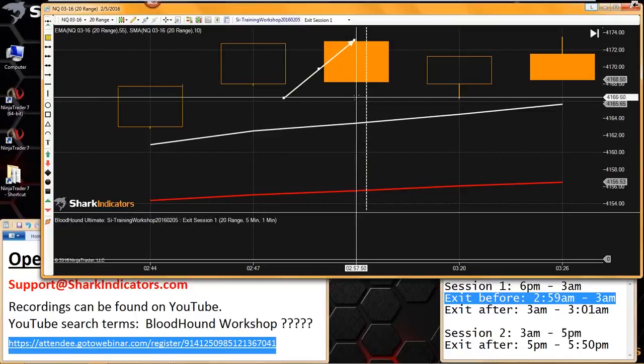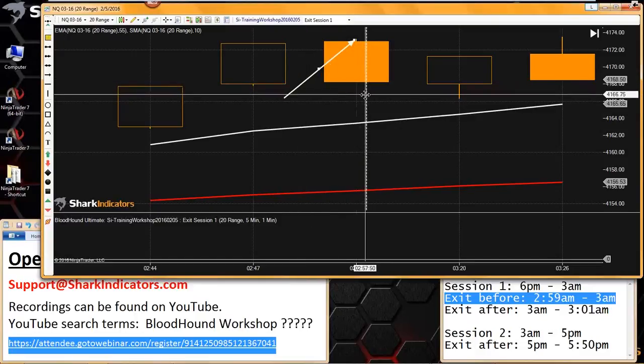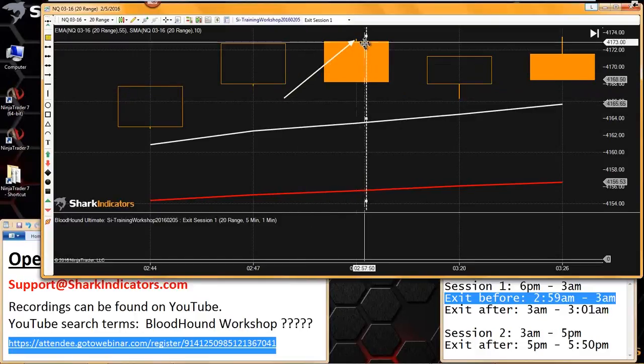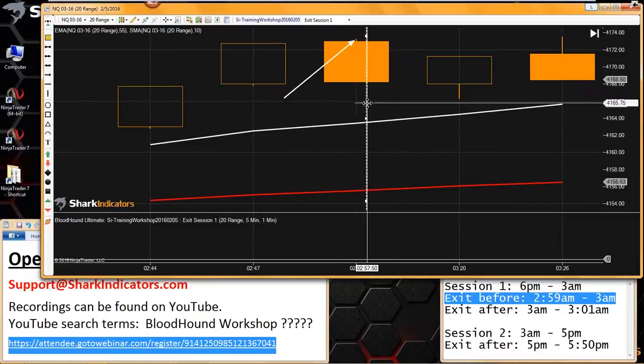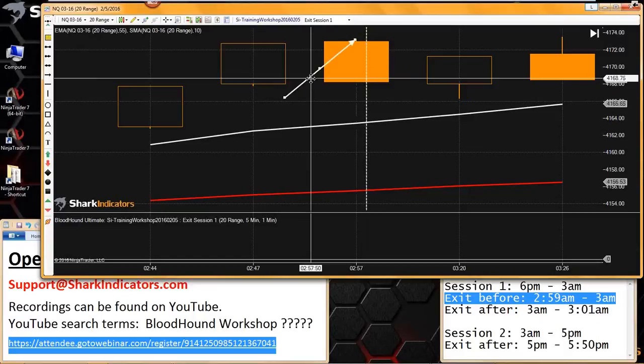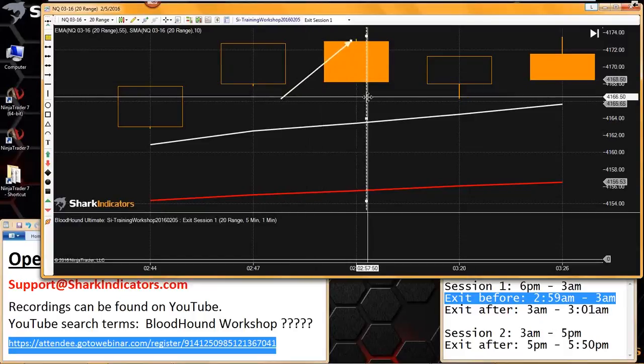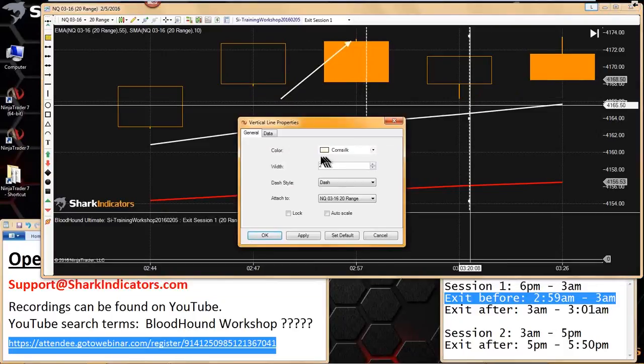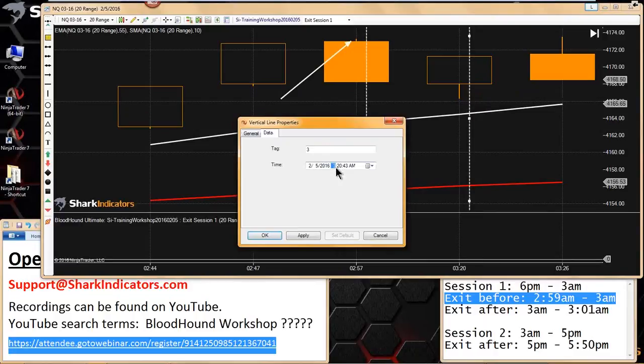So it closed 10 seconds before our two-minute window time frame. The line here is at exactly 3 a.m., but we can see where the wick of the bar is. It happened before our 3 a.m. time frame. And actually, what I should do is put 2 lines on there.